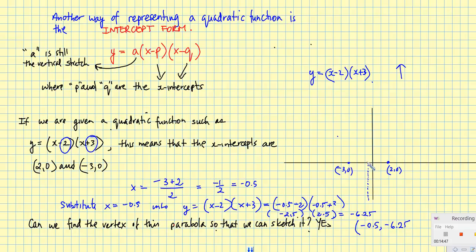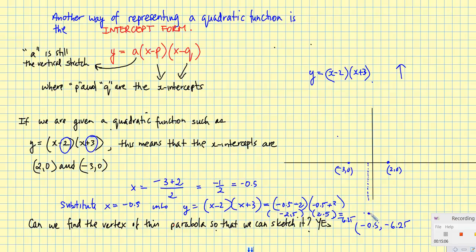So that's negative 1/2 and 1, 2, 3, 4, 5, 6.25 will be over here.